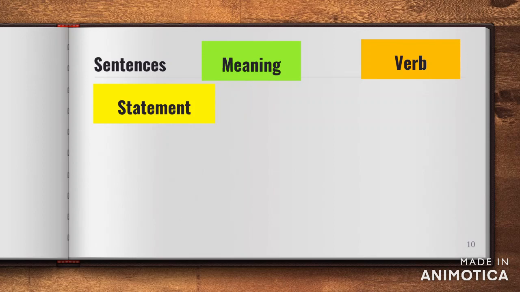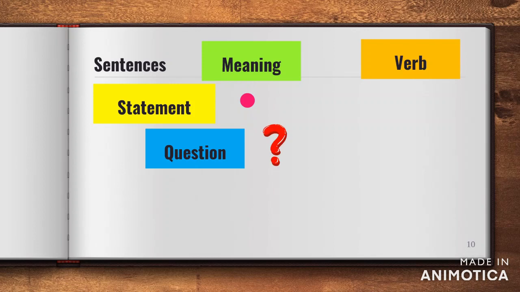The second type of sentence where we ask something is known as a question. Questions begin with a capital letter and end with a question mark. The third type of sentence wherein we place a request, give an order, suggestion or an advice is known as an imperative sentence.